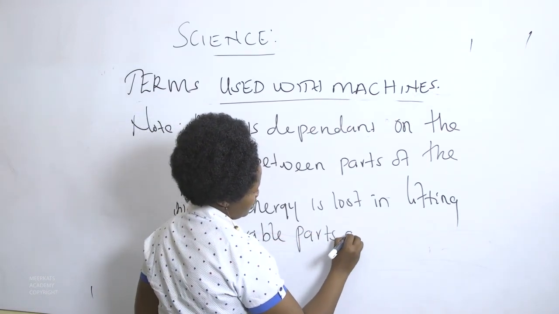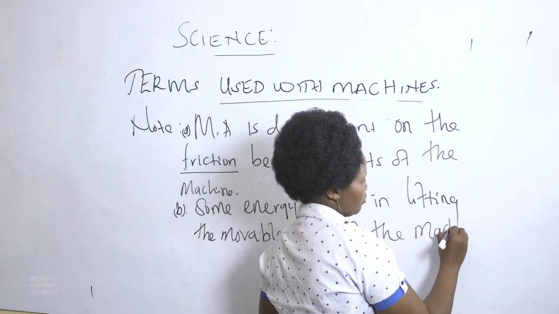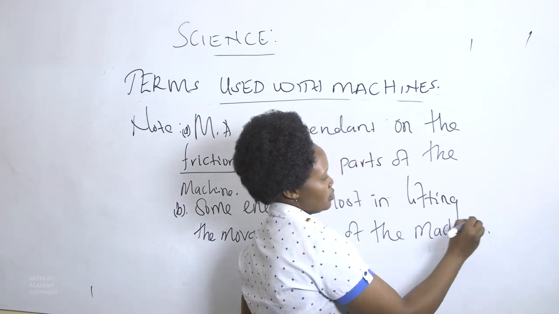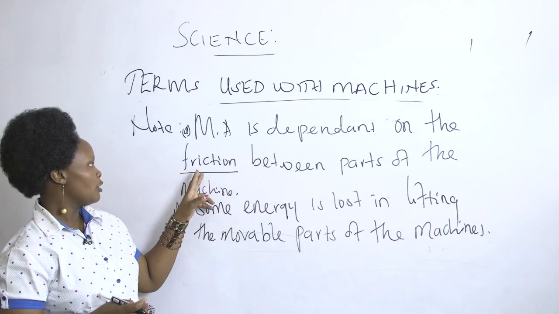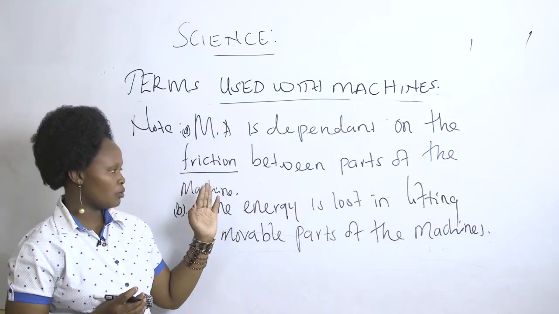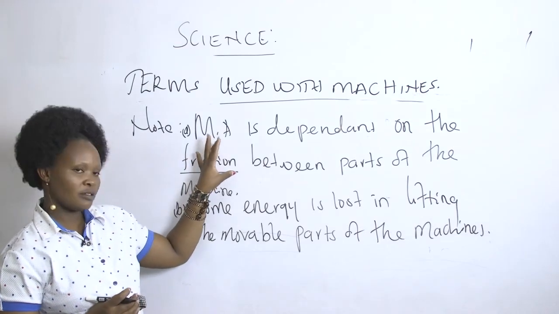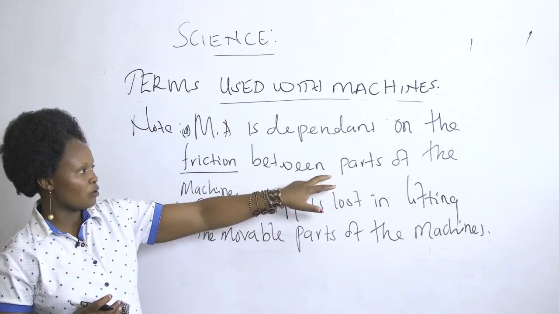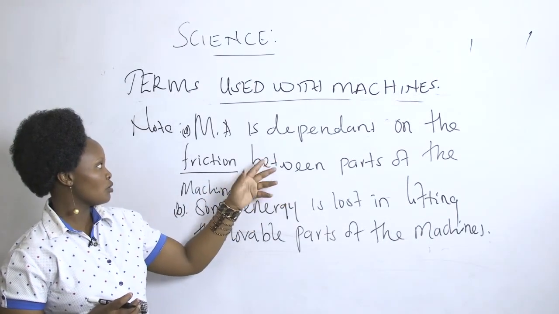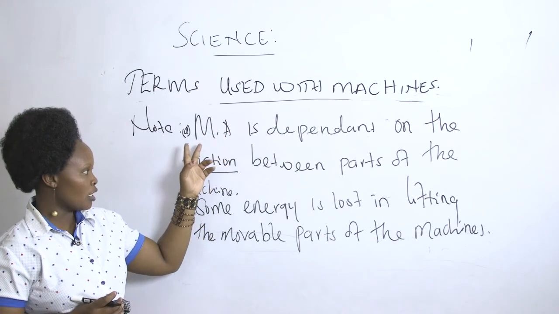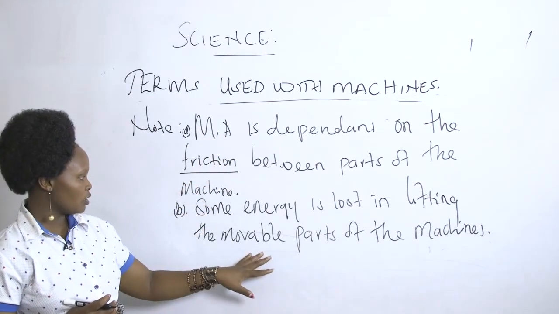Some energy is wasted in lifting the movable parts of the machine. Therefore, friction in itself opposes motion, and therefore, if there is friction between the movable parts of the machine, now automatically this one is going to translate into a smaller value of mechanical advantage.